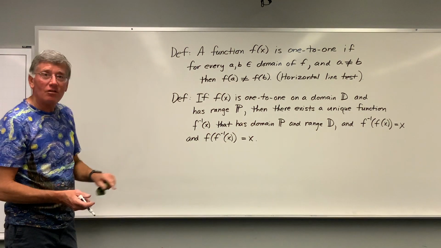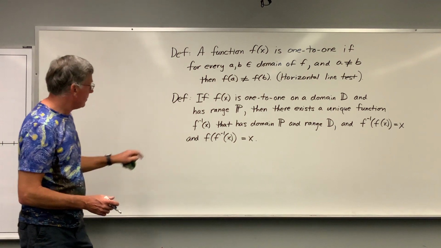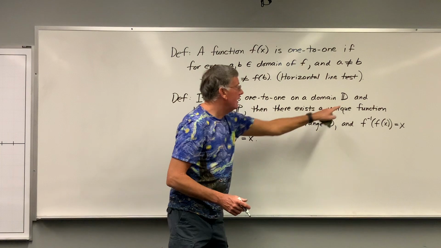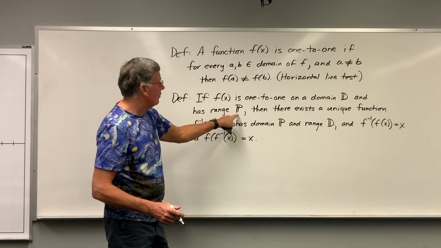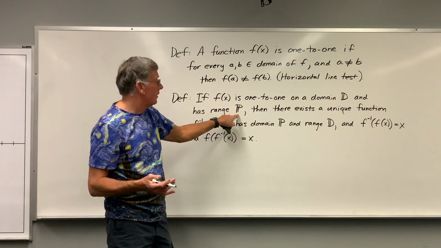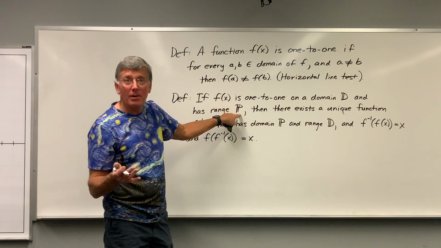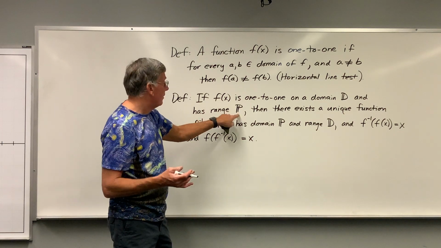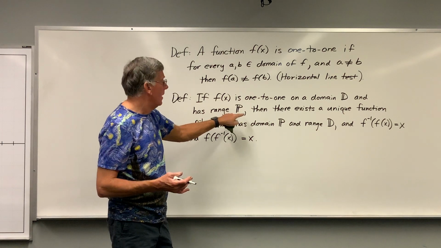Here is my definition of an inverse function. If a function is one-to-one on a domain D and has range P, now I picked P only because if I do R and do the double letters, you're going to think I'm talking about real numbers or the set of real numbers, and I'm not. I'm just talking about some range.